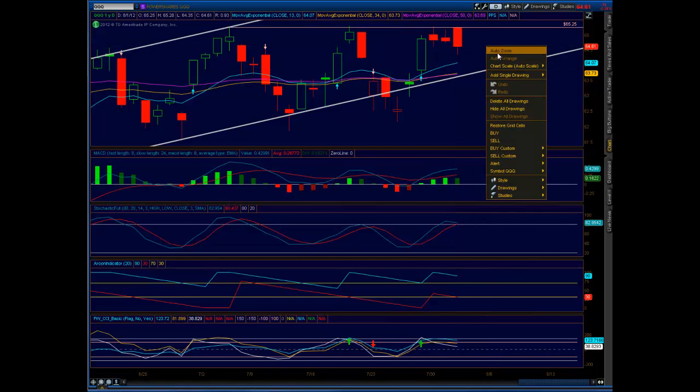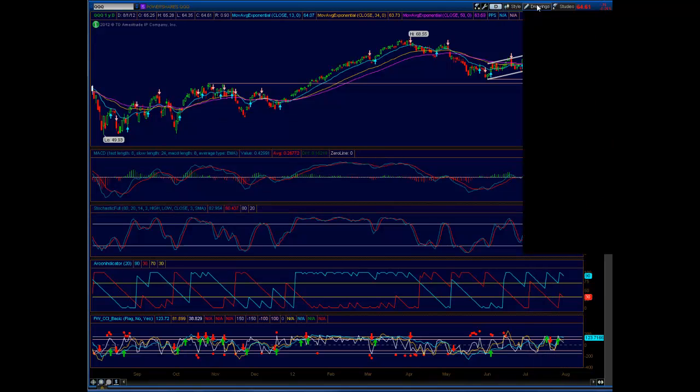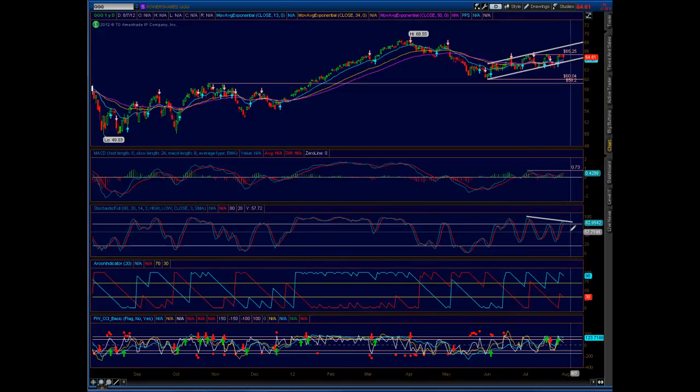Also, you can see the moving averages of the MACD doing lower highs every time. And finally, here on this stochastic, you have almost an upside down V shape going on after what happened today.